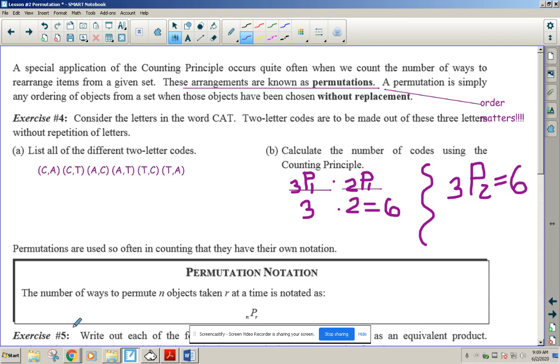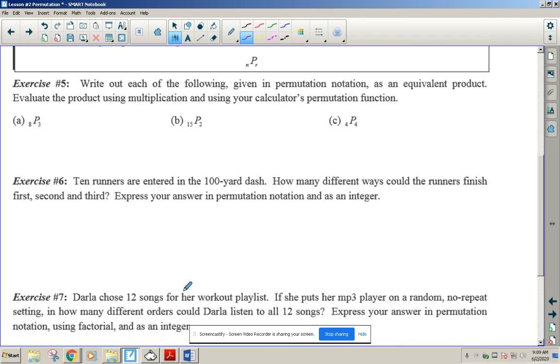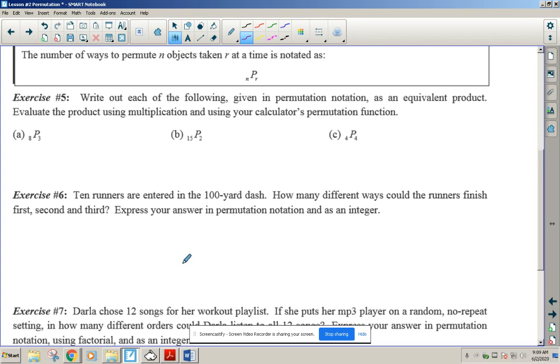So there we go. So here is the little bit of notes on that. They say number of ways to permutate N objects, take an R at a time. So N is the number and R is what we are picking.